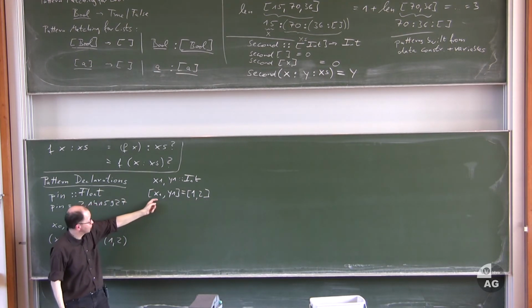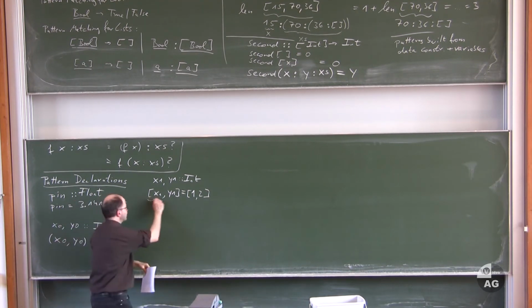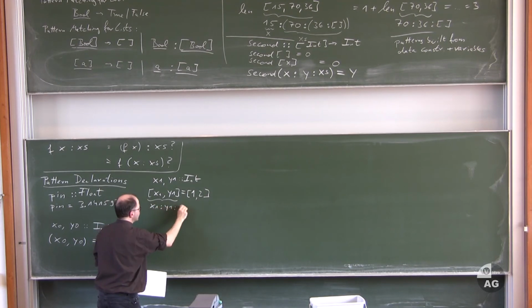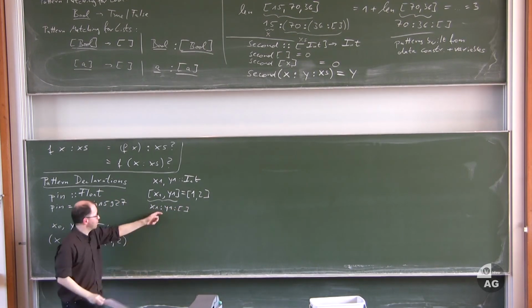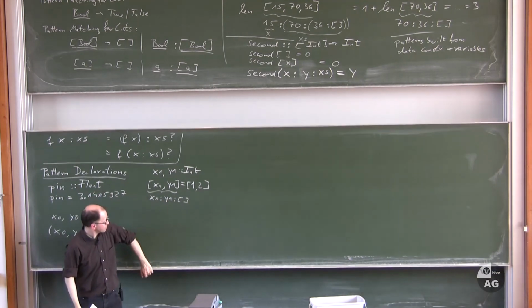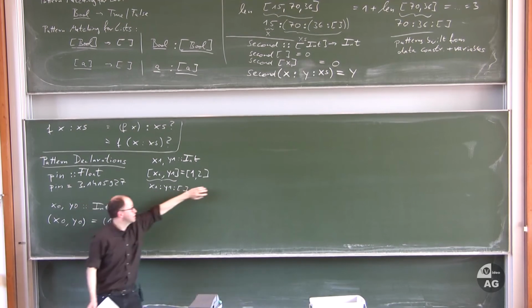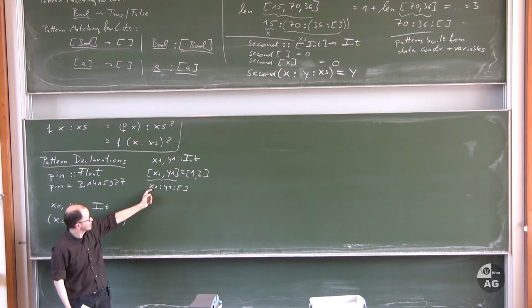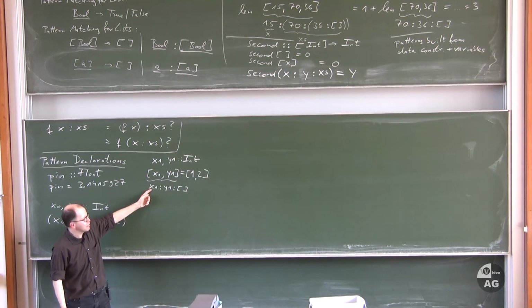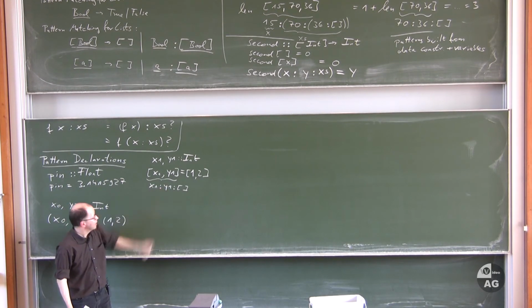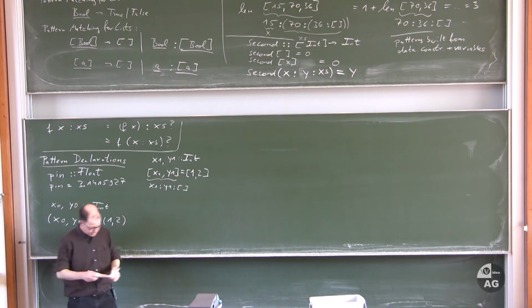It's a term built of data constructors and variables, because this is just a shorthand for x1 colon y1 colon empty list. So this term is 1, 2. And so you can always declare that some pattern should be some fixed expression as long as it's clear which value each variable in this pattern gets. So here x1 gets the value 1 and y1 gets the value 2.